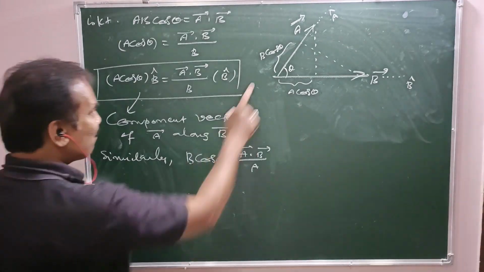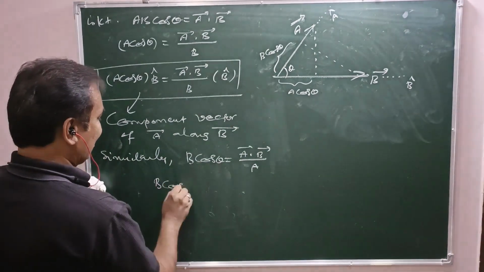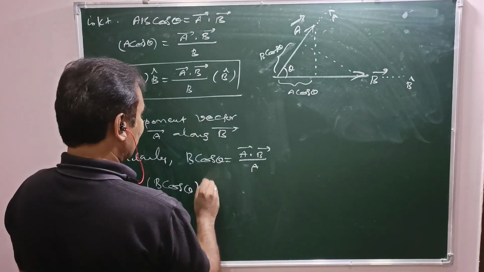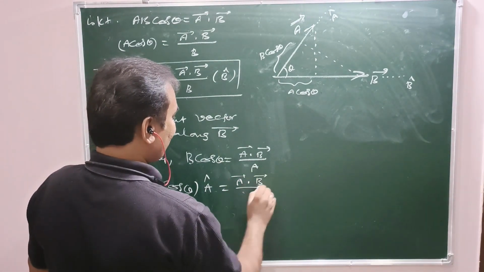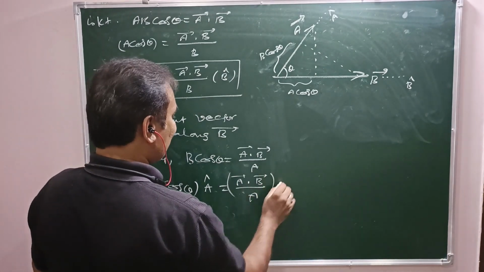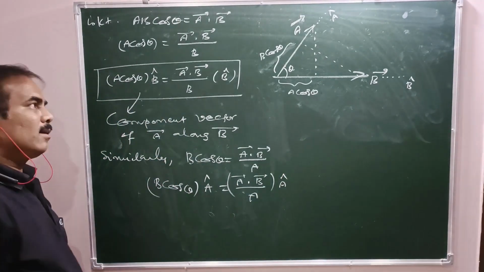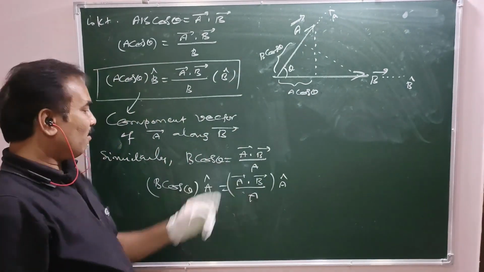Okay. If it is multiplied by A cap on both sides, that is B cos theta multiplied by A cap equals A bar dot B bar by A multiplied by A cap. See, magnitude multiplied by unit vector along A bar means component vector.